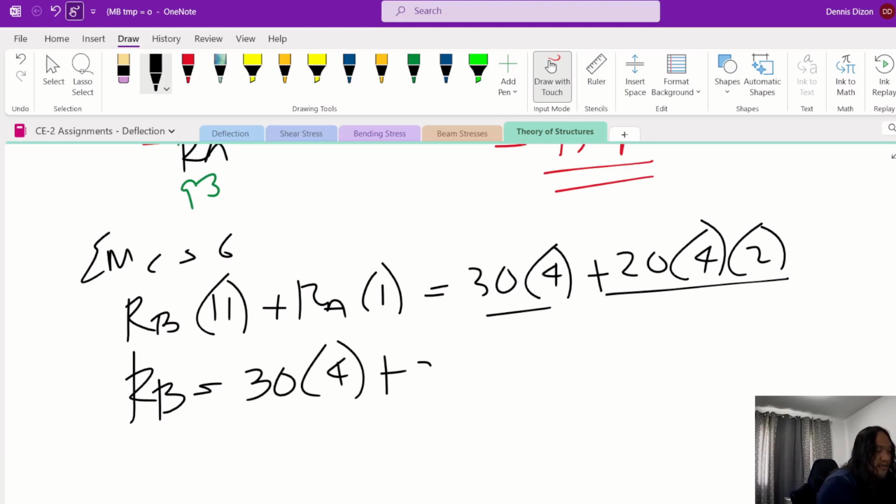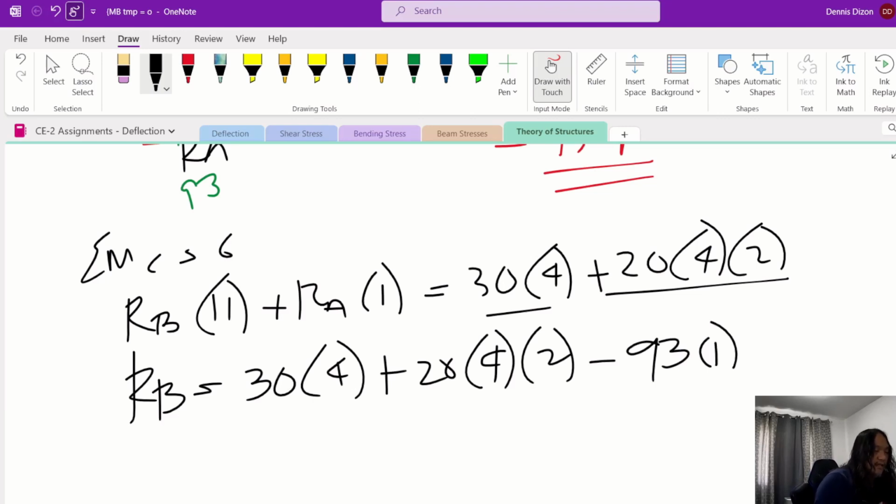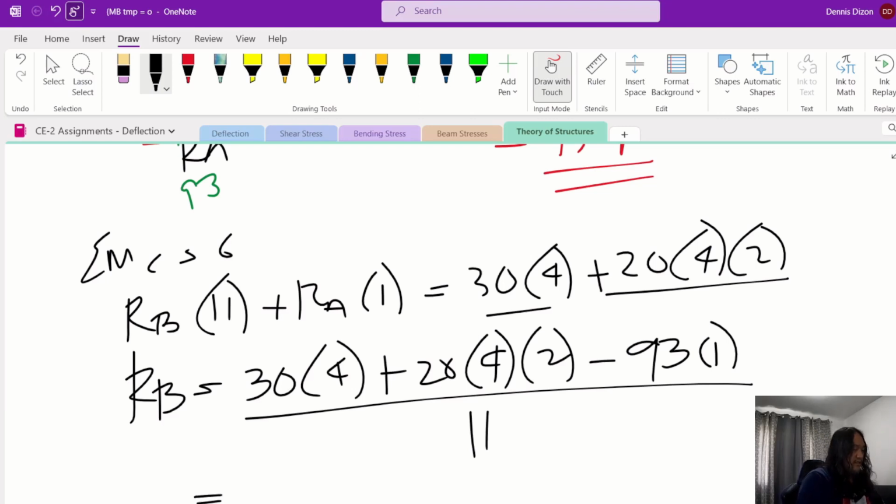Then this is plus 20 times 4 times 2, and then minus, transpose the RA, which is 93 times 1, and then divided by what? 11. So we will see this is 30 times 4 plus 20 times 4 times 2 minus 93, divided by 11. This is 17.